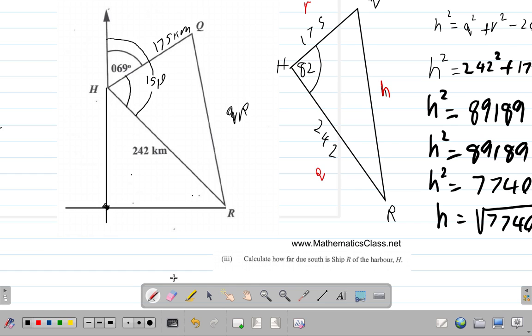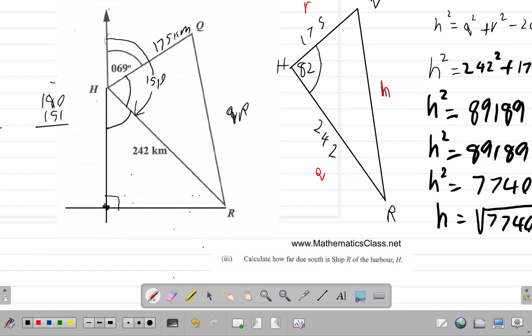So we can see this is going to be 90 degrees. It's 242, and we want this angle. From here to here is 151, so the other side would be 180 minus 151.